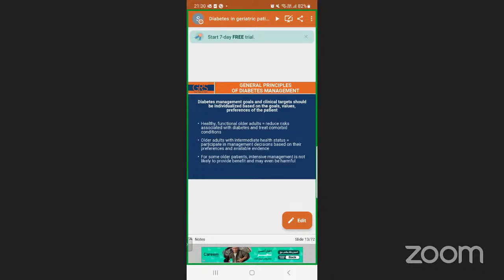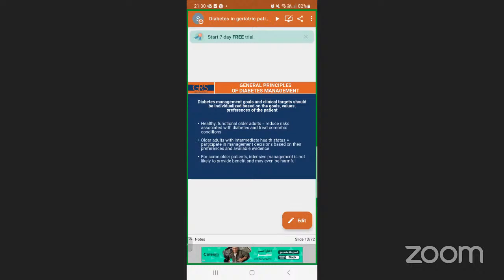General principles of diabetes management. As I said, diabetes management goals and clinical targets should be individualized based on the goals, values, and preferences of the patient. For older adults who are healthy and functional, the focus should be on reducing risk associated with diabetes and treating comorbid conditions.